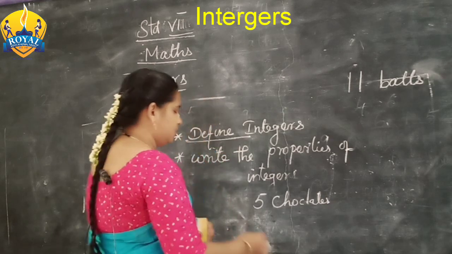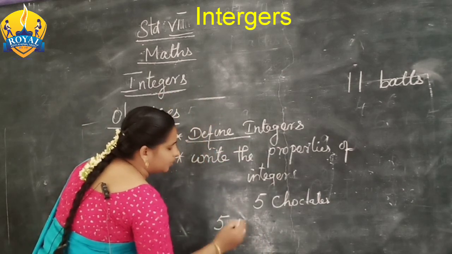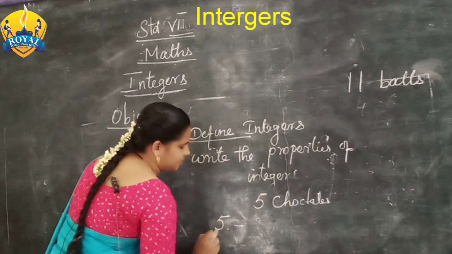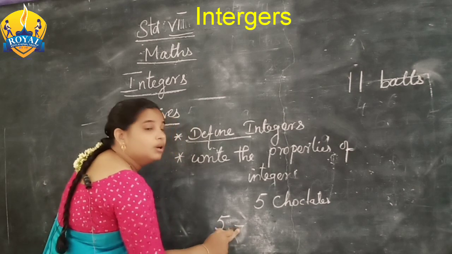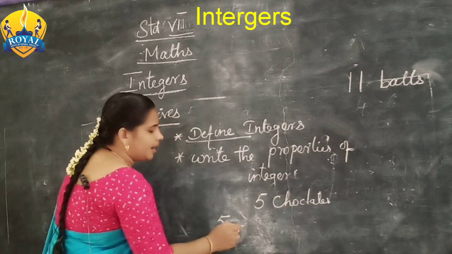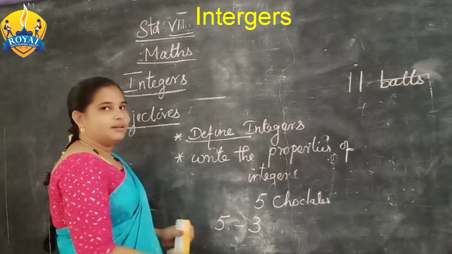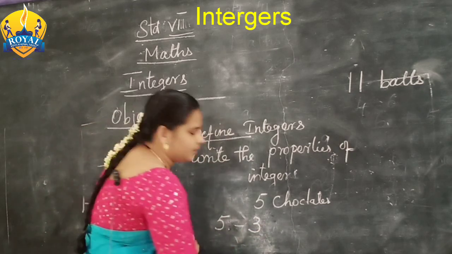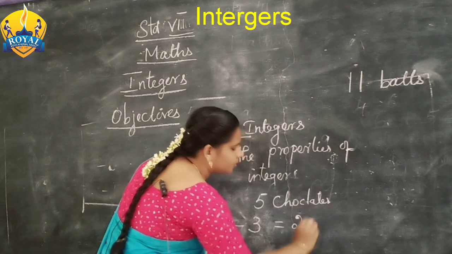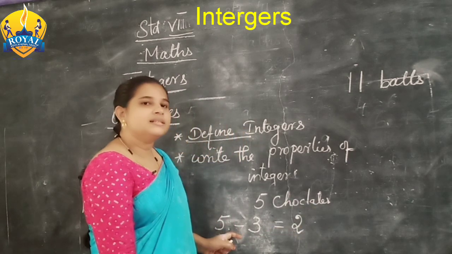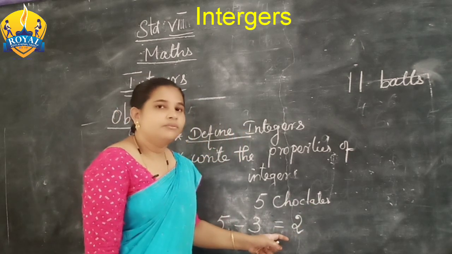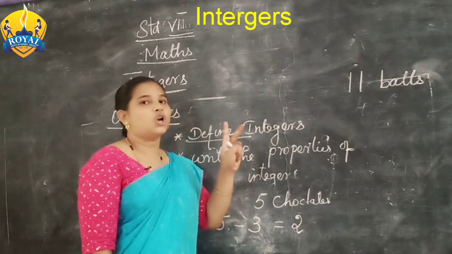Okay. So 5, left with means minus, negative integer. 5 minus 3, which is equal to 2. So she is left with 2 chocolates.